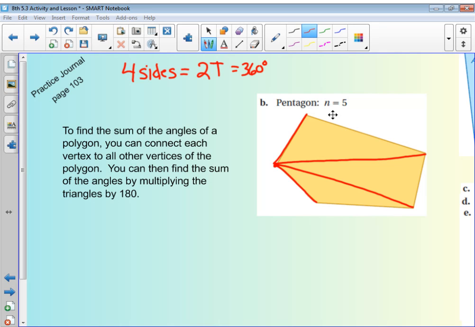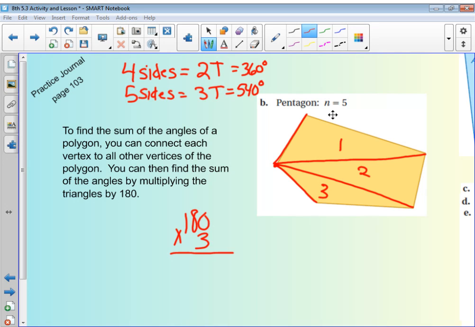So how many triangles, even though my lines aren't perfectly straight, did we have? Well, here's 1, 2, 3. So a 5-sided figure gave us 3 triangles. Now we're going to take 180 times 3, which gives us 540.